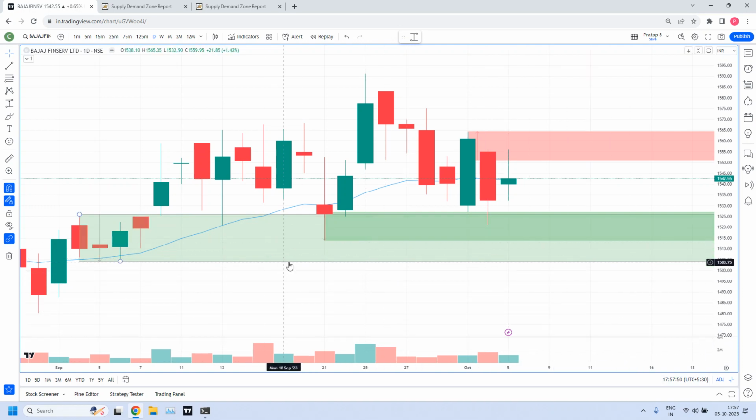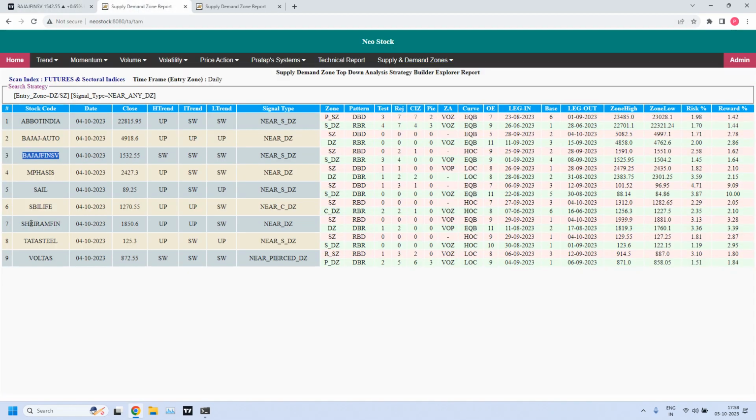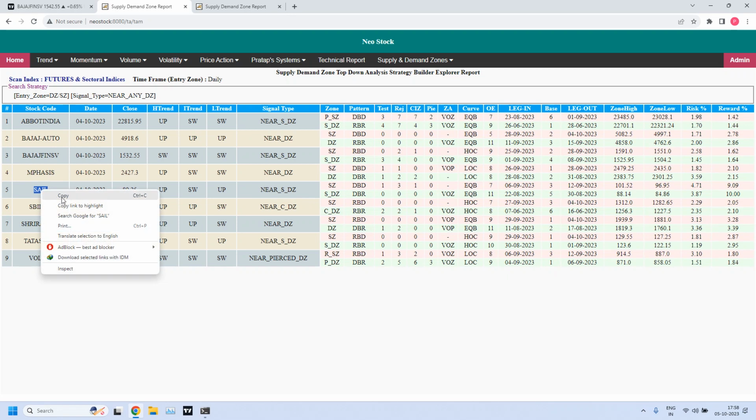Okay, let's go to the next stock. If anybody wants to know how much return it has given, please calculate. You know how to calculate. I already explained in the previous videos. The next high liquidity zone is Sale.